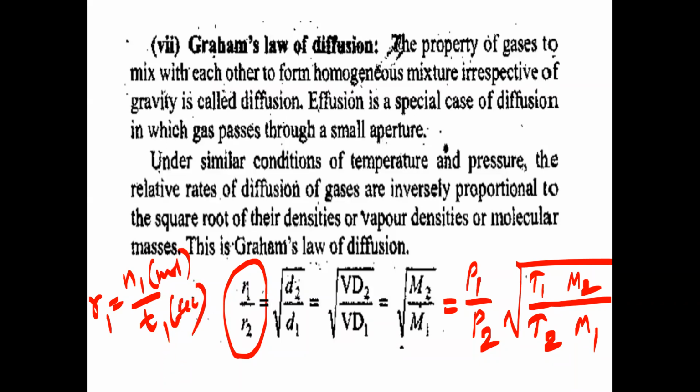That will also give R1. And R2 is equal to what now? N2 by T2. Like this, R is nothing but the number of moles diffused by time taken. So R1 by R2 is equal to P1 by P2 into the square root of T1 M2 by T2 M1.